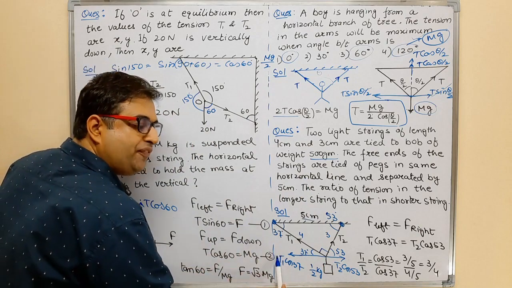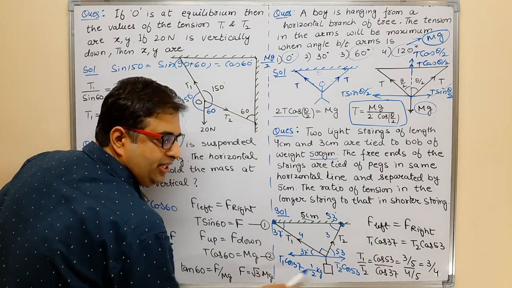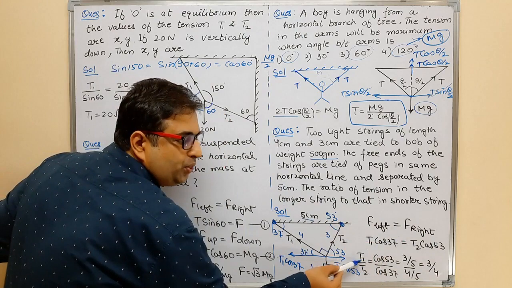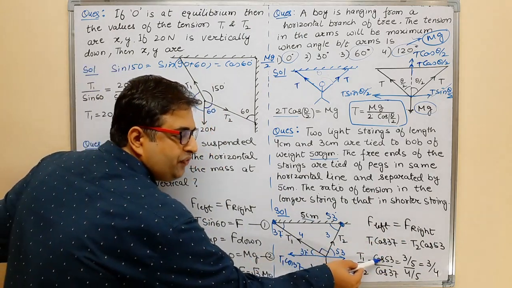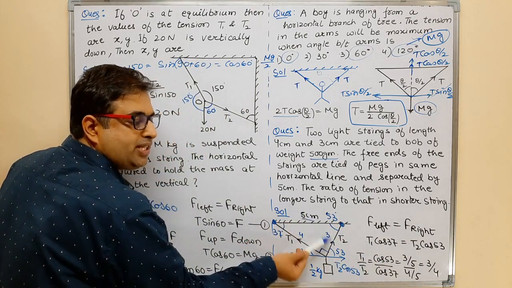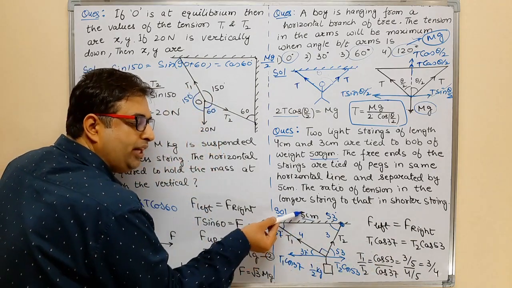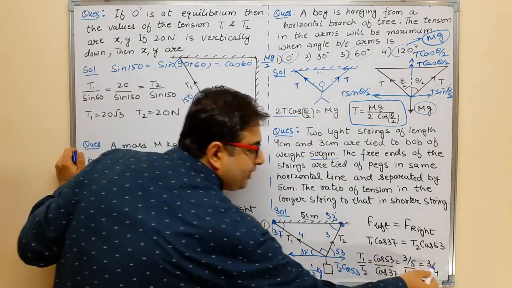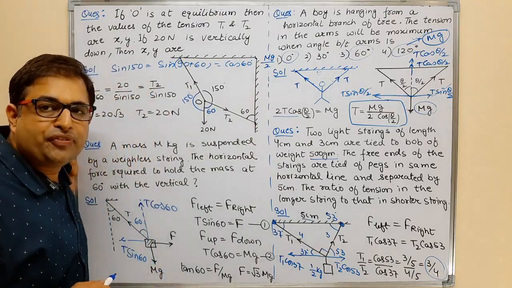I am comparing left side force equal to right hand side force. So T1 cos 37 is equal to T2 cos 53 degree. So T1 by T2 is cos 53 divided by cos 37. Cos 53 is base upon hypotenuse, 3 divided by 5, and cos 37 is base upon hypotenuse, 4 divided by 5. So when you divide these two, you will get the ratio 3 divided by 4. So our answer is 3 by 4, right?